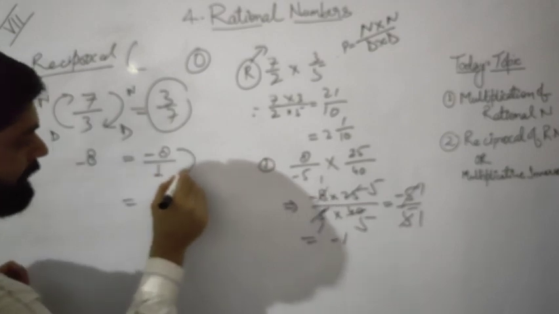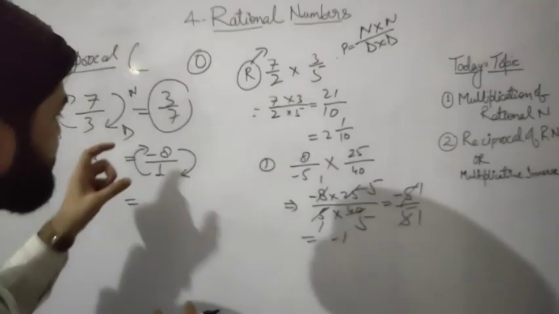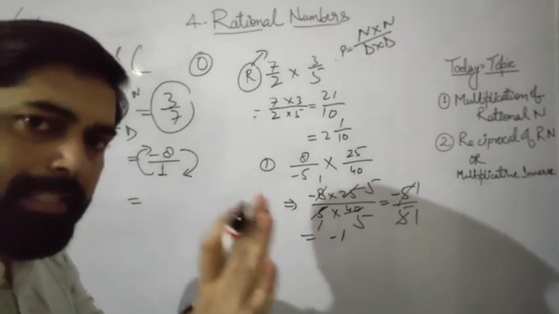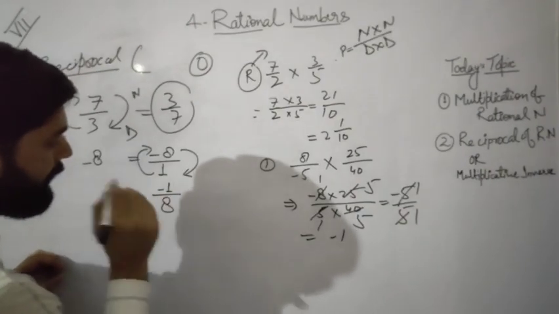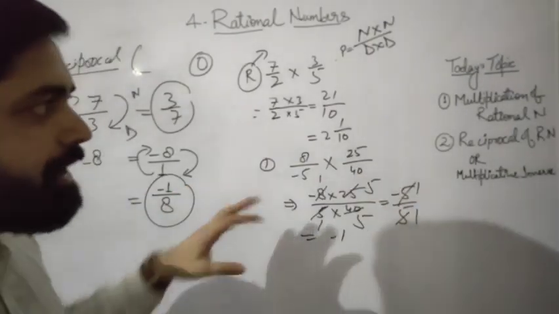Then there is a rule: the numerator is written as the denominator and the denominator is written as the numerator. The sign stays there; the sign place will be the same. Then -1/8. So this is the reciprocal.